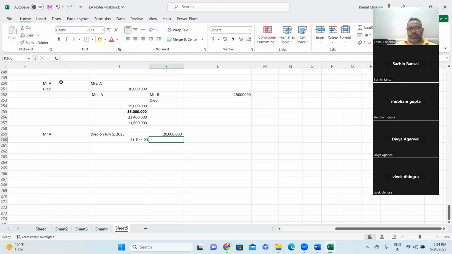On December 31st, 2023, there may be a possibility the estate has a value of $18 million.